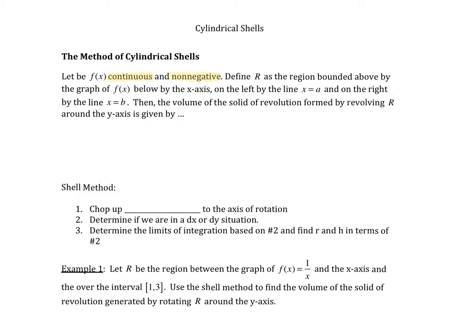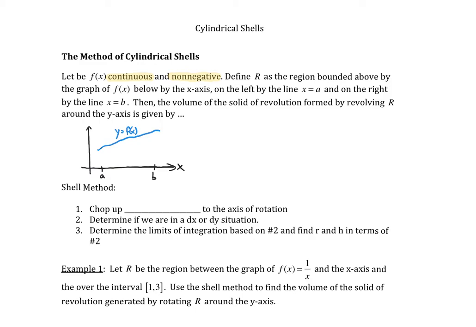Let me draw a picture for you. So here's our y-axis, and here's our x-axis down here. And we're going to have x equal to a as the left boundary, and x equal to b as the right boundary, and we have some function y is equal to f of x.